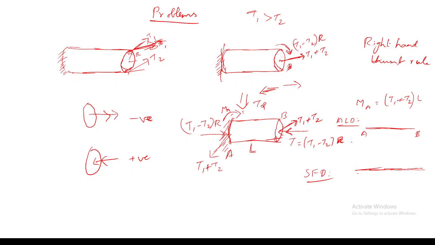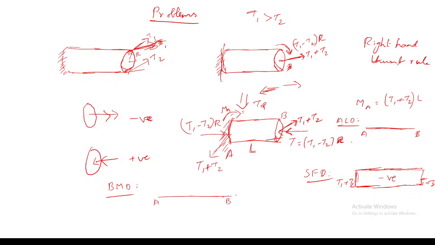The magnitude of this rectangle will be T1 plus T2, so it will be negative, with magnitude T1 plus T2 at both ends. Now coming to the bending moment diagram for this structure: what will be the bending moment diagram for this structure A to B?